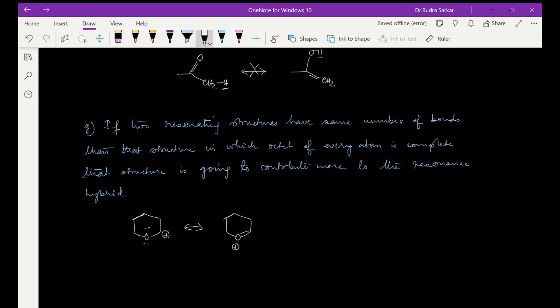As we can see now, here the carbon is having 6 electrons, but in this structure the carbon is having 8 electrons. So structure 2 is more stable as it has all the atoms in octet configuration than structure 1.